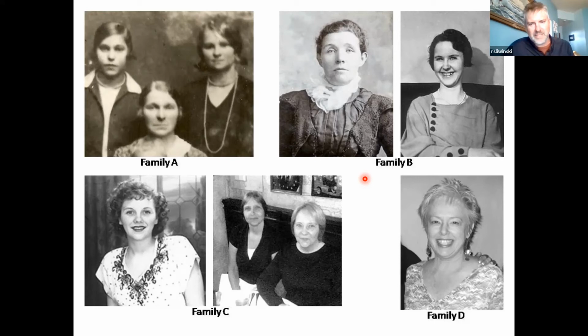So what I did is I put together a composite graphic that shows family A, which I think you recognize as my family, then family B, family C, and family D. Now, family D, this lady in the picture right here, was adopted and didn't know her heritage or ancestry.